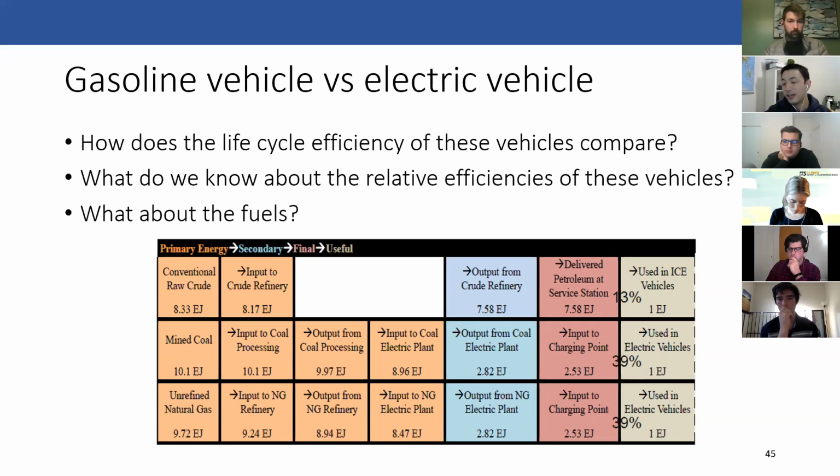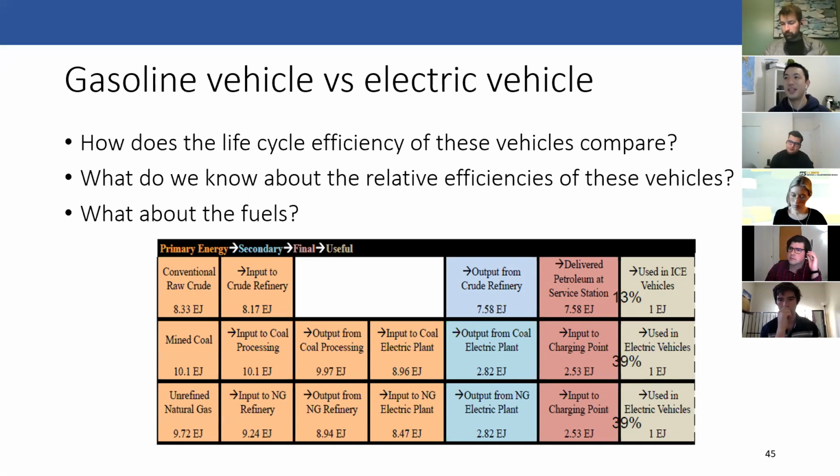And so here, okay, this is a gas car or internal combustion engine vehicle, and you get 7.58 exajoules of petroleum, and you get 1 exajoule of useful energy out of it. So it's like 13% efficiency. That's not directly the efficiency of the engine.